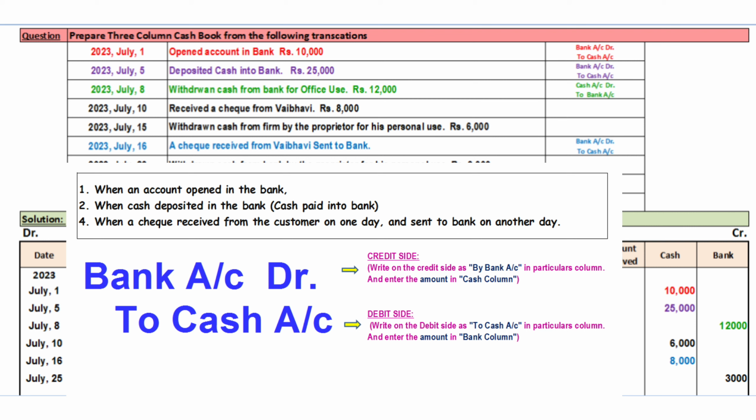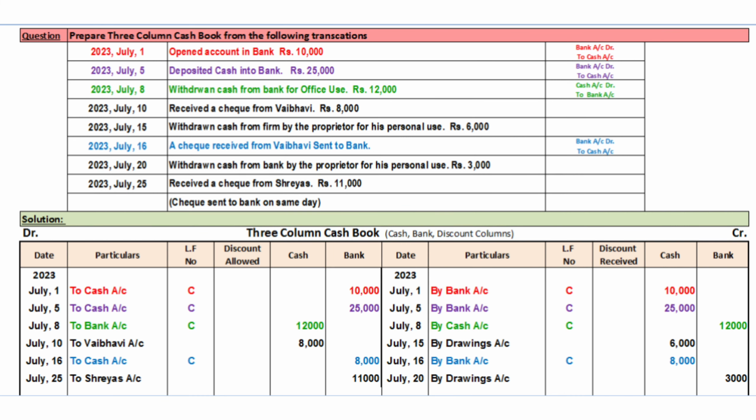I am displaying the related entry. So the bank account data goes to the cash account. The bank account, being on the first side in the journal entry, should now be transferred to the second side in the 3 column cash book. In the same manner, the cash account, being on the second side in the journal entry, should now be transferred to the first side in the 3 column cash book.